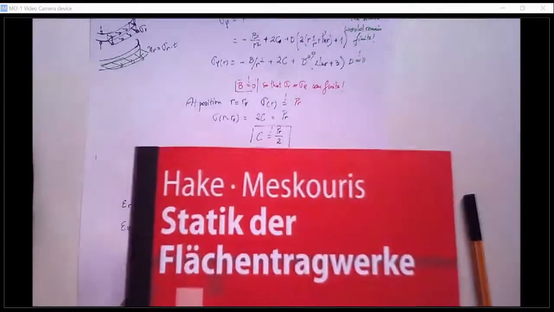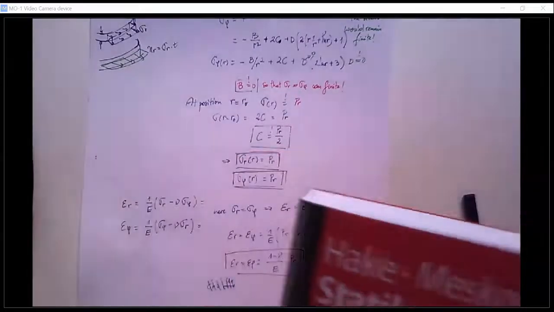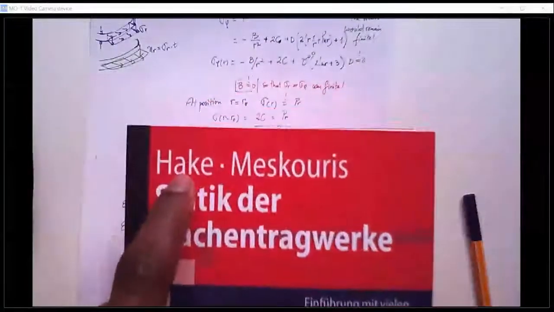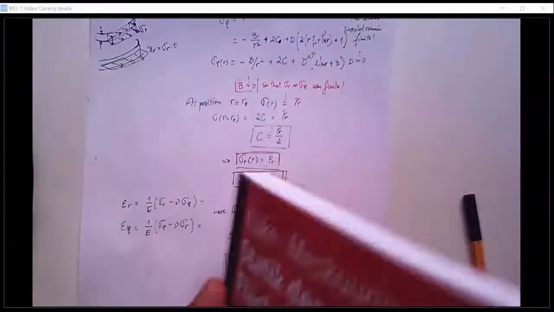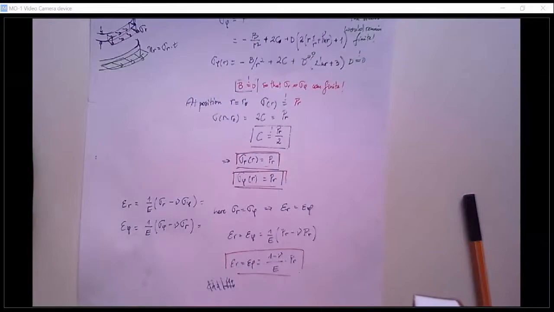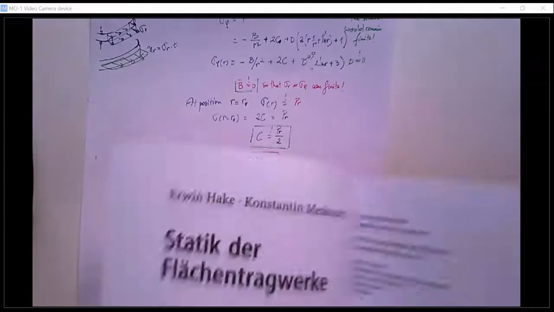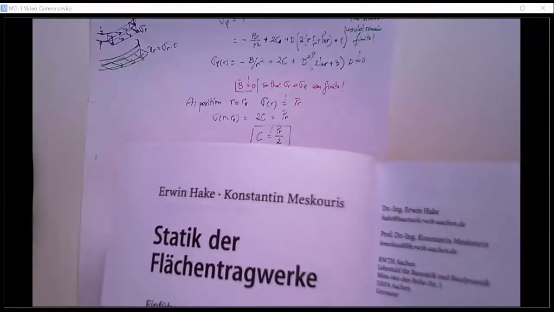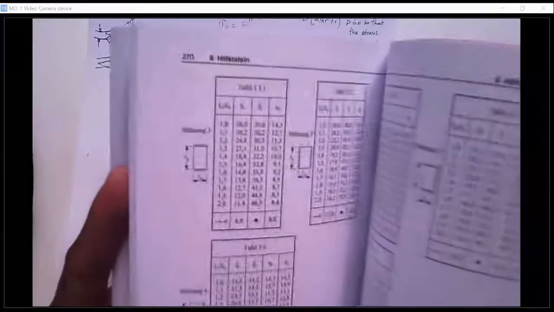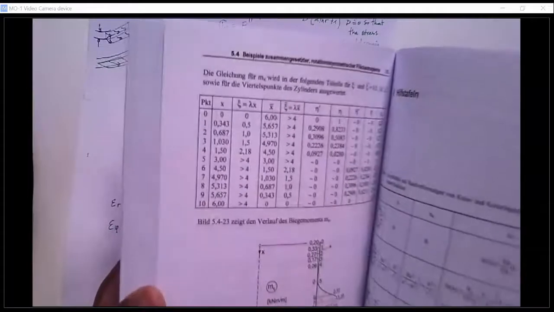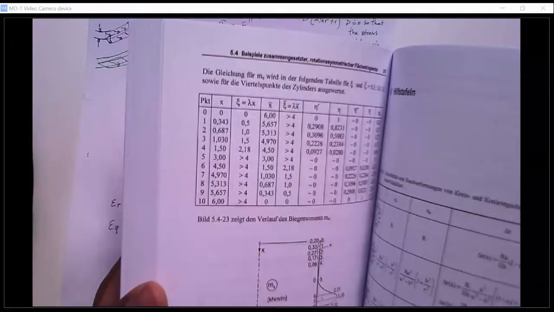The book is called Static Deflection Hackwerk, by Erwin Hake and Konstantin Mescuri, so you can check it, but it's in German. In English, there's also a very nice book about plates and shells by Ray Clow.